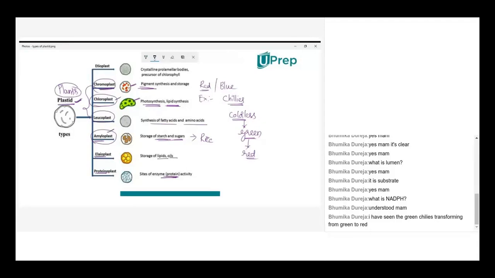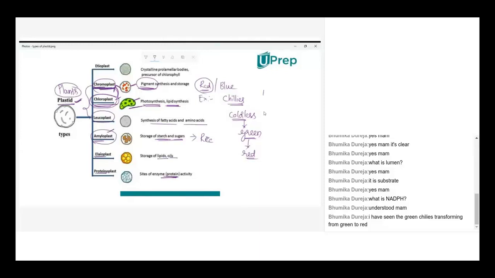So that transformation is nothing but a conversion of the chloroplast structures inside the plant to chromoplast structure. There will be conversion of chloroplast, which are only green color plastids, which will change into chromoplast. Chromo stands for pigment. In chilies, it's a red pigment.